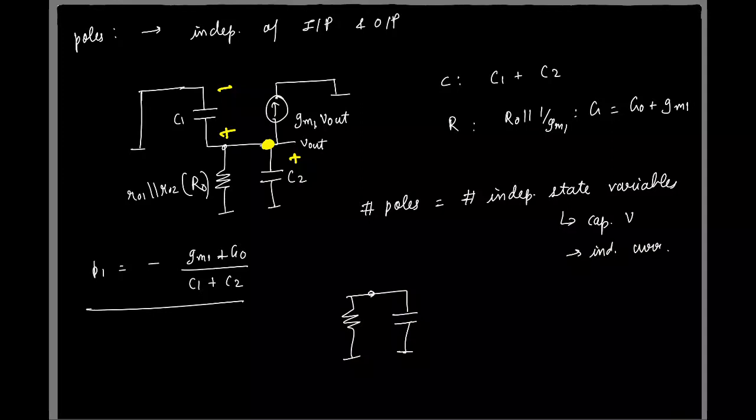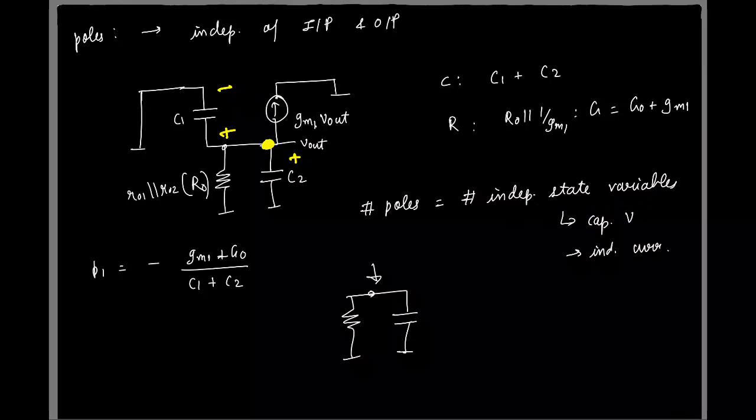So in some cases you can do this, and in these simple cases it works out. We'll look at this in more detail later, but as of now we just have one R and one C, so the pole is 1 by RC. And the number of poles, as I mentioned, is the number of independent capacitor voltages you can have in the circuit.